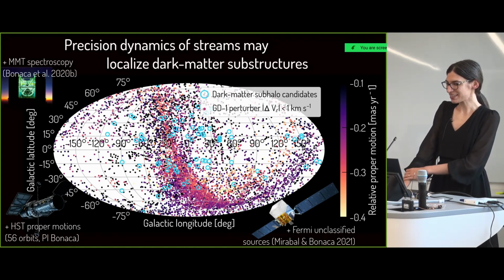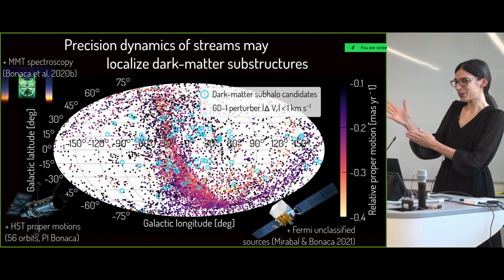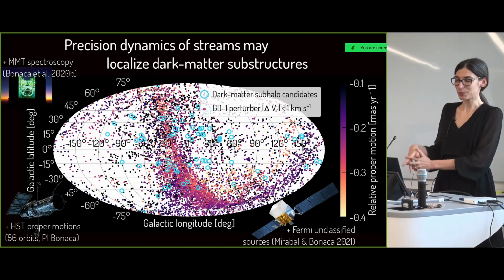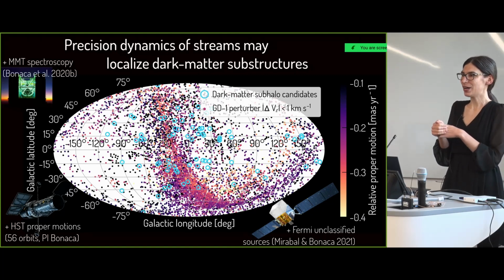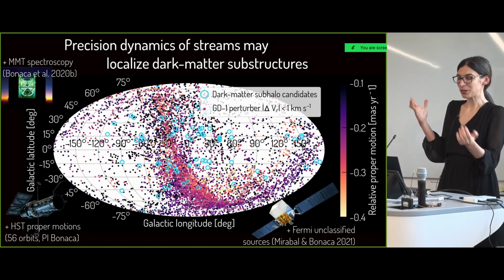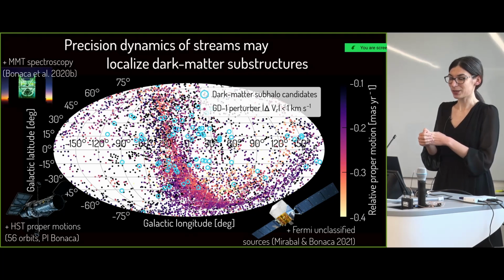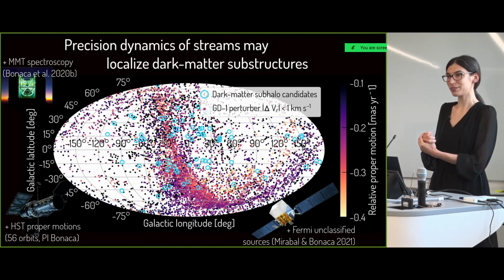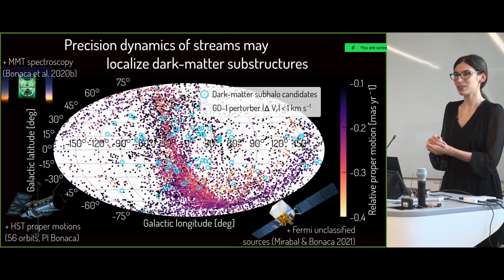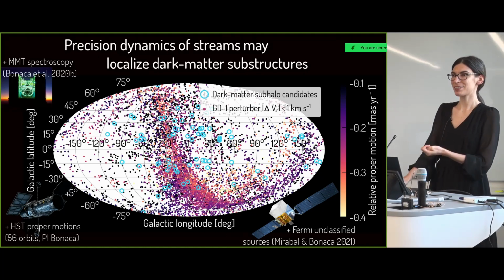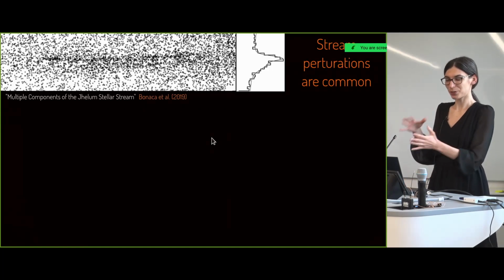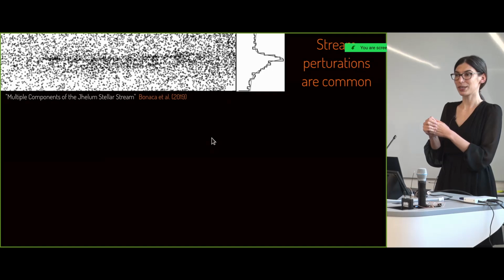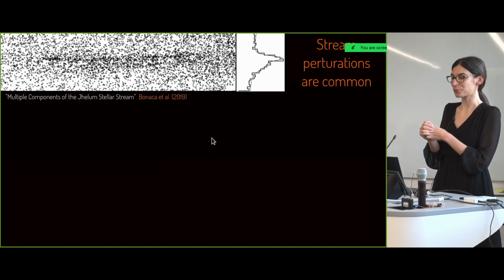And this is the direction we're hoping to go with this particular object. But going back to the question of what we learn about dark matter overall, and convincing ourselves that these are dark matter subhalos, we should expect signatures like this in other stellar streams. And as people have started looking at different streams, we have been finding different signs of perturbation.